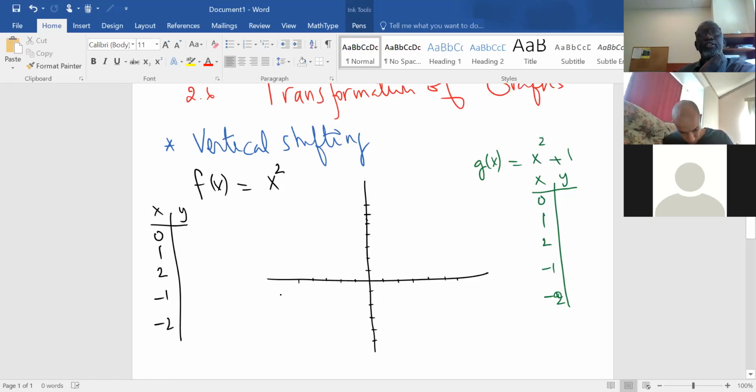Of course, for f of x equals x squared, how much is f of 0? 0. F of 1 is 1. F of 2 is 4. F of negative 1 is how much? 1. And f of negative 2 is 4.